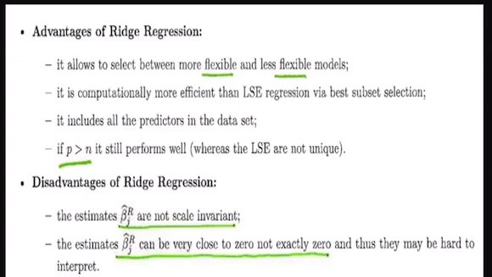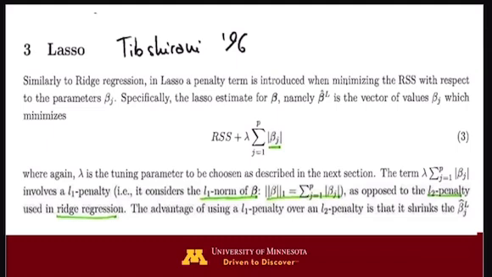Now, because of this, we move into lasso regression. If you look at equation 3, what lasso is adding is the absolute value of the regression parameter, but what ridge is adding is the square of the regression parameter.